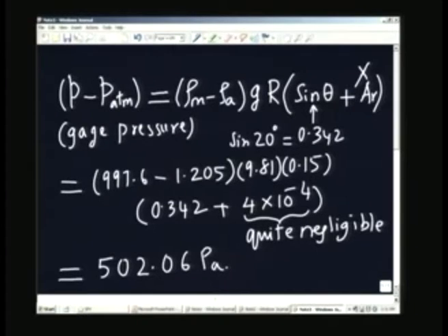So, this is the first part of the question, which says please find out what is the measured pressure from this calculation. Now, in this calculation we have taken into account rho a. Suppose I neglect rho a, so I will just give the value in the bracket, neglecting rho a, you will get a value of 502.66.